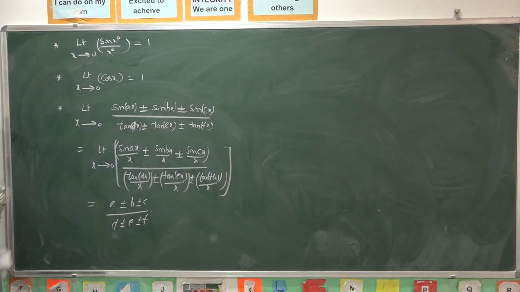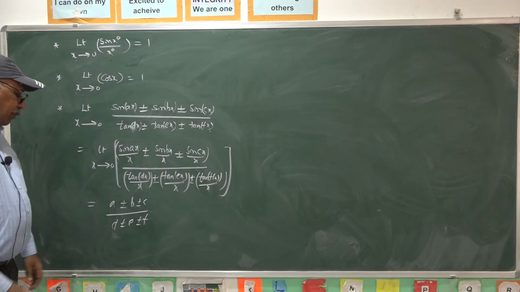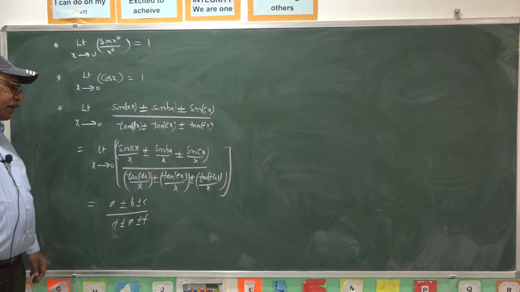So the answer is a plus or minus b plus or minus c by d plus or minus e plus or minus f.